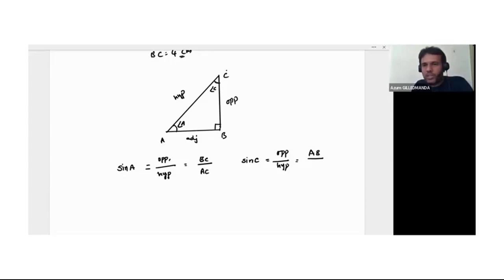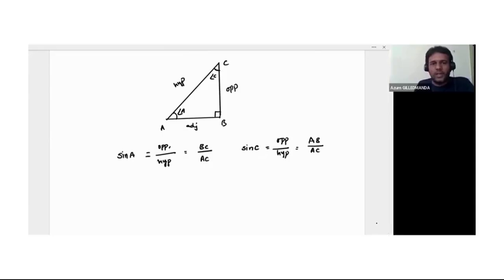AB by the hypotenuse AC. So if it is sine A, the opposite side is BC, so BC by AC. If it is sine C, then it is AB by AC. Hope you are getting it, right? Similarly, sine A is one ratio, and similarly, cos A.